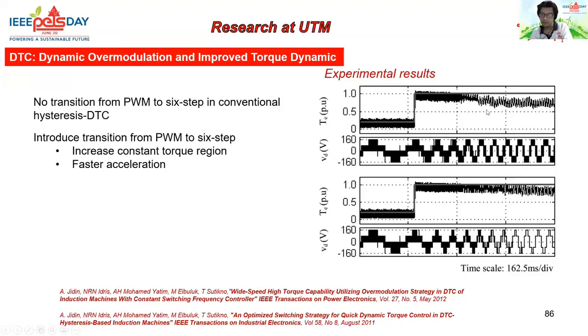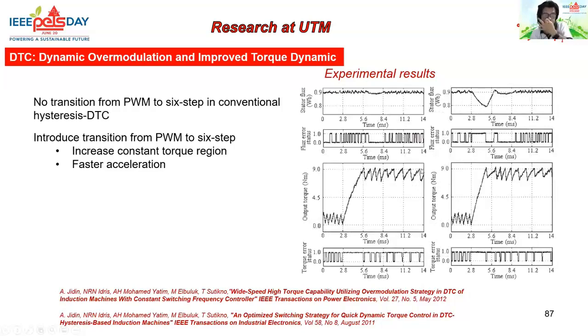As you can see, using the hysteresis controller you still have pulse width modulation, which is not a completely 6-step waveform. But using the method that we introduced, you can see a smooth transition of the voltage from pulse width modulation to a completely 6-step waveform, which means that we basically extend the constant torque region of the drive system in doing so.